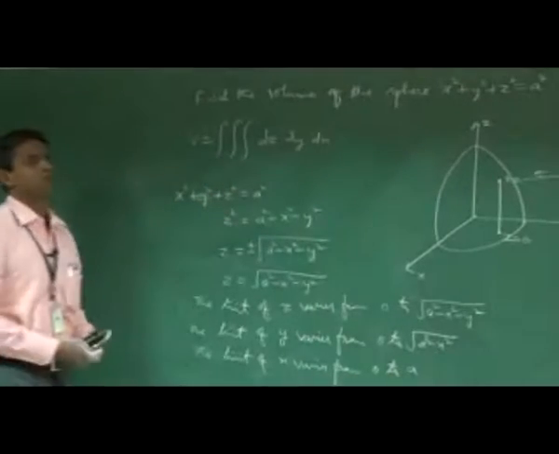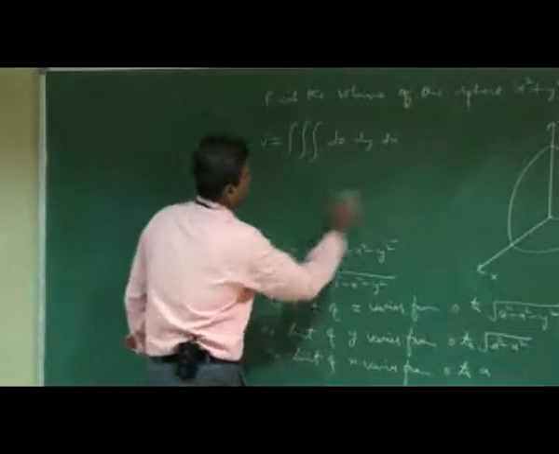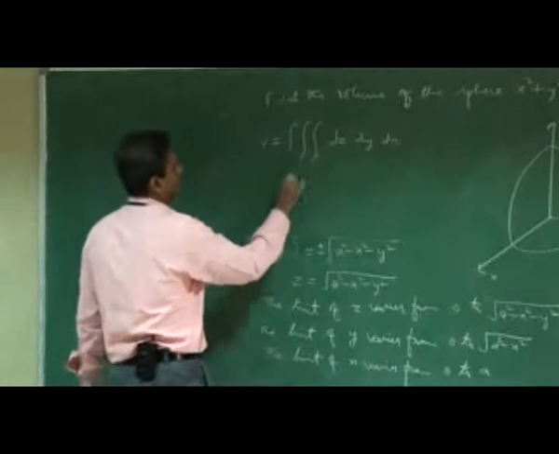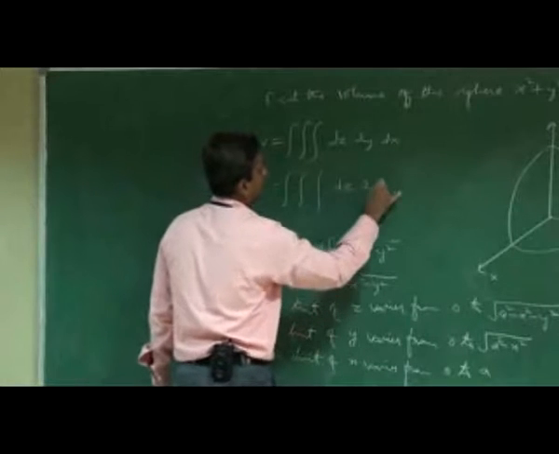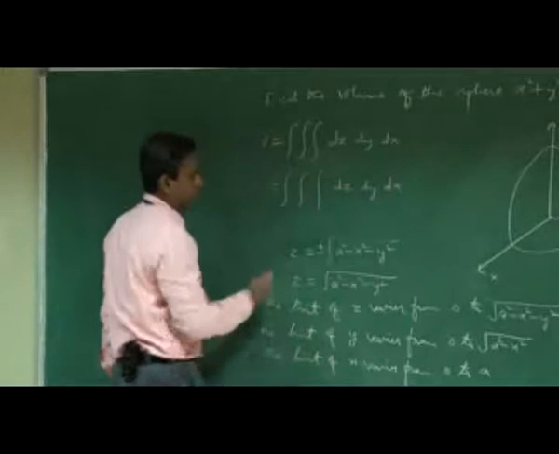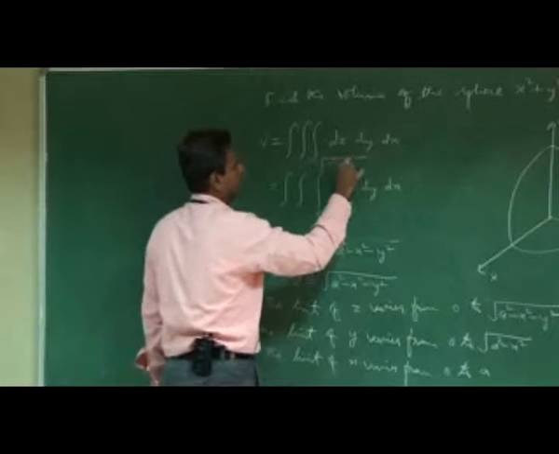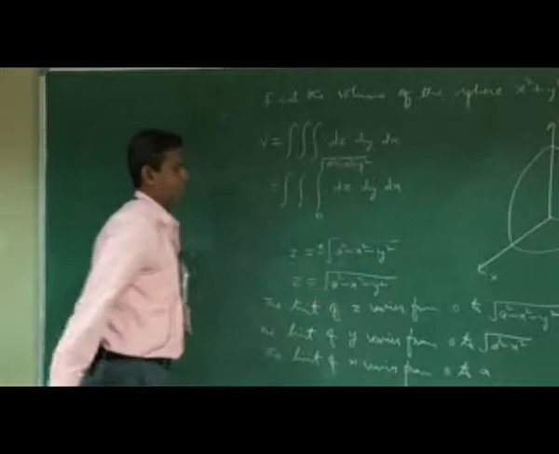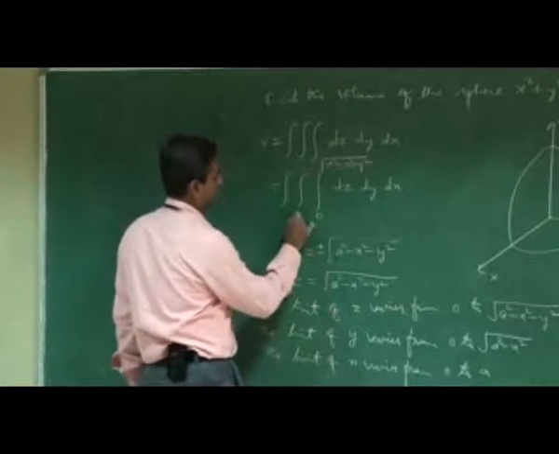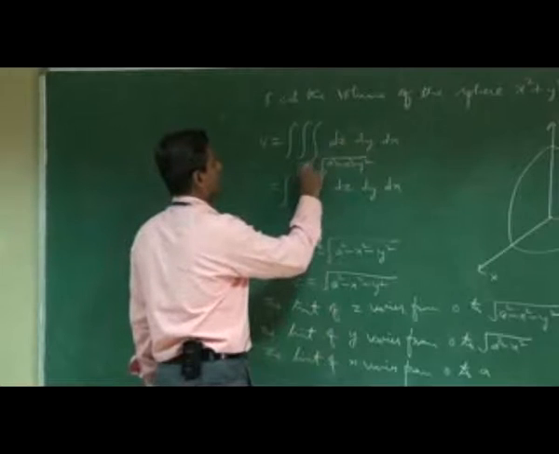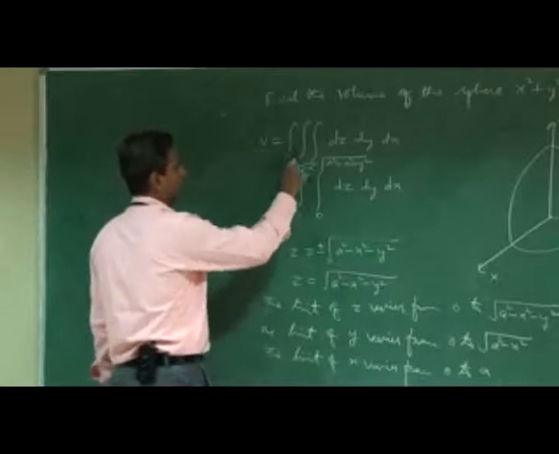X varies from 0 to a, and we fix the limits for these three cases: the integral of dz dy dx, where z goes from 0 to square root of a squared minus x squared minus y squared, y goes from 0 to square root of a squared minus x squared, and x goes from 0 to a.